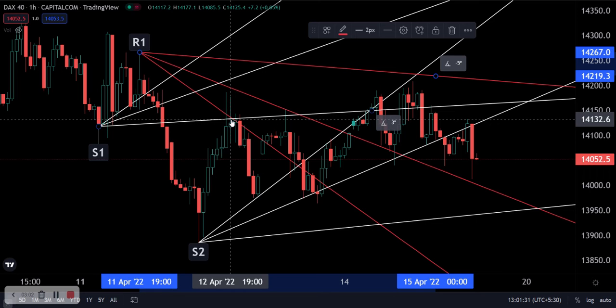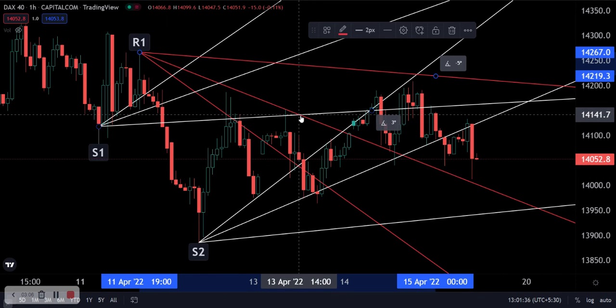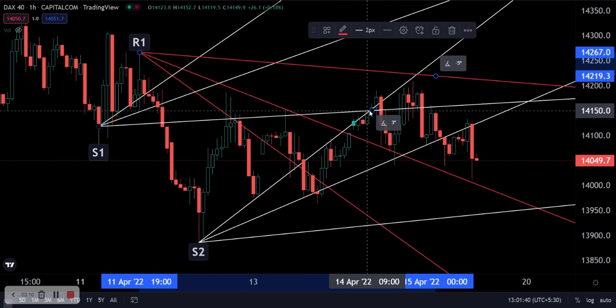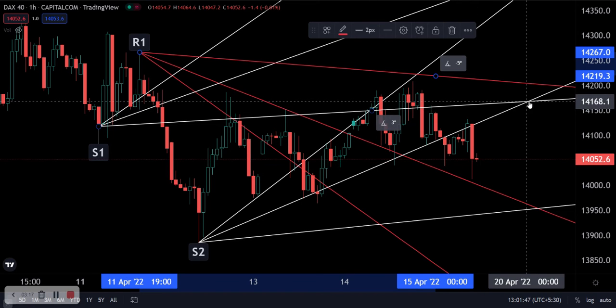So that is a resistance, 14,133, followed by 14,140, and above which we have 14,150 as resistance right here, and 14,170 as a final resistance.